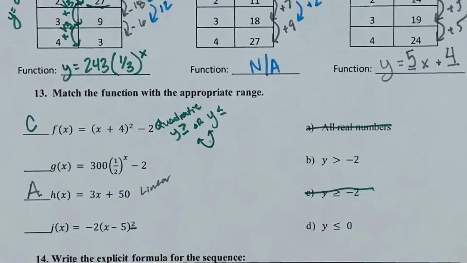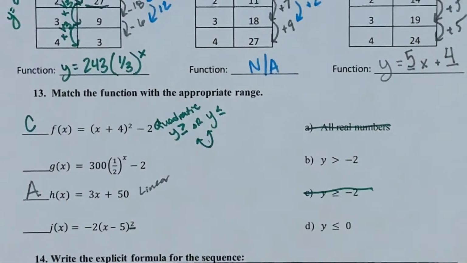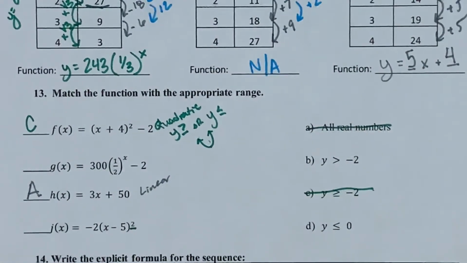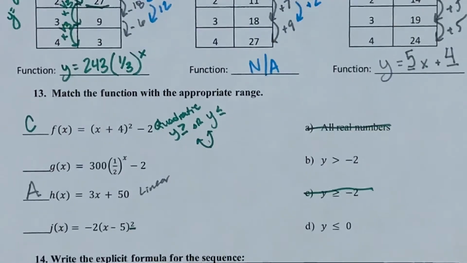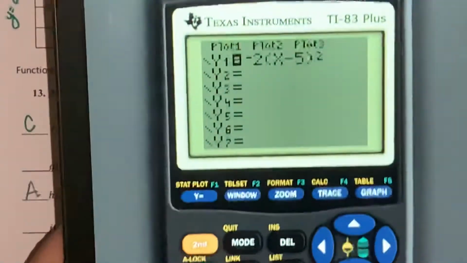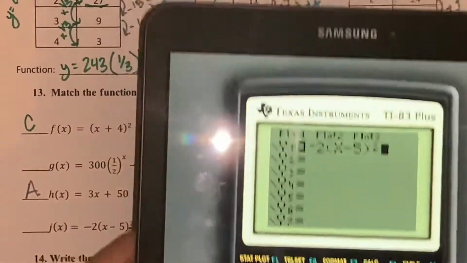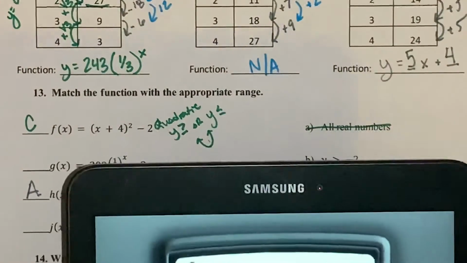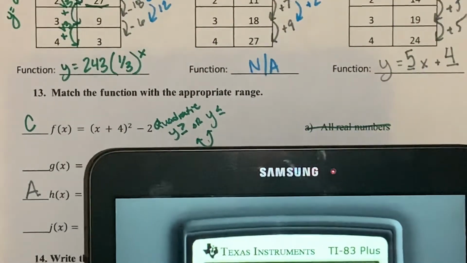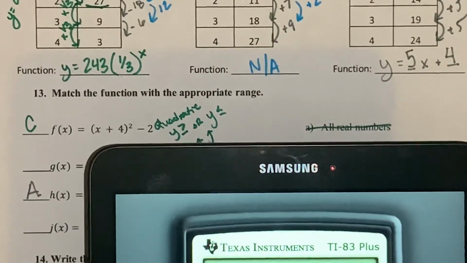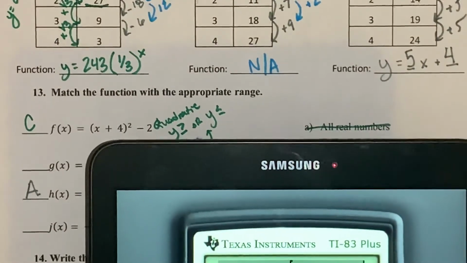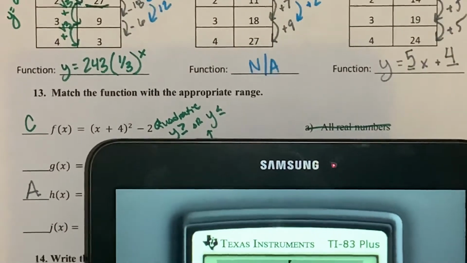But if I plug it into my calculator, let's see if I can make some sense of it. So y equals negative 2 times the quantity x minus 5 raised to the second power. So this is how it would look when you plug it in. And when you graph it, I'm going to have to zoom back out. Zoom 6 to zoom back to standard, and there you see it.